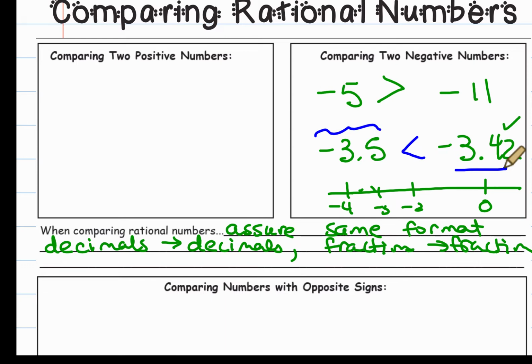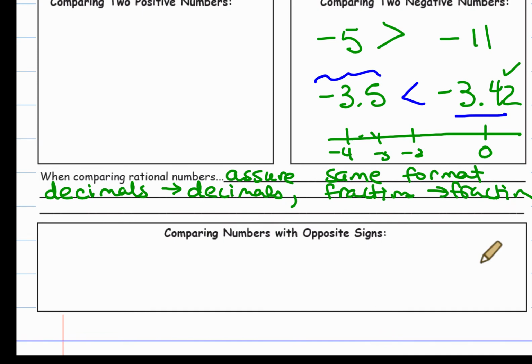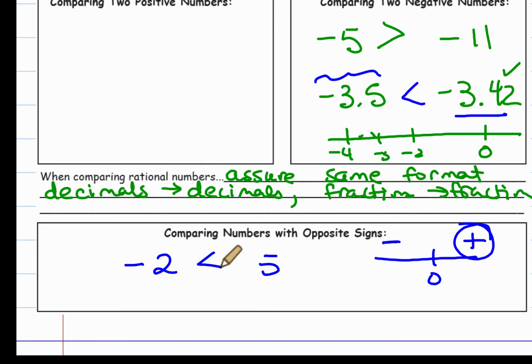Now, if they have different signs, negative 2 compared to 5, for example, how do I compare them? Well, on a number line, here's 0. This is all the positive numbers. This is all the negative numbers. Anytime we have a positive number, it's always going to be greater. So negative 2 definitely has to be less than 5.